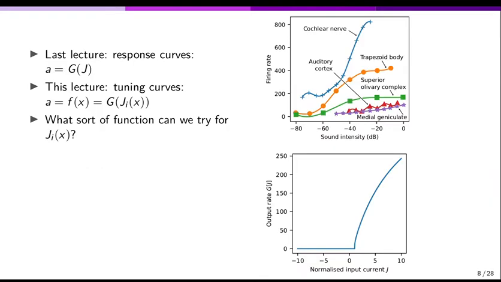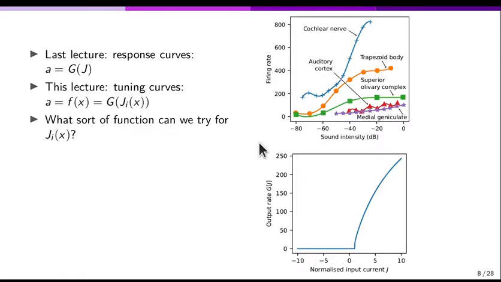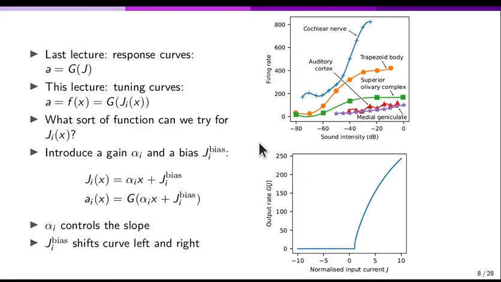Okay. The main aspect of the previous lecture was trying to systematize how we set up this mapping between something in the real world, which we're going to call X, and the firing rate of the neurons. We called that the encoding equation.